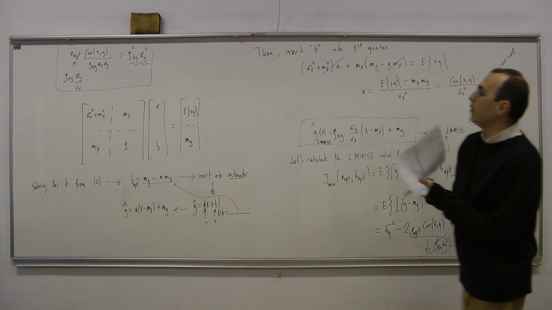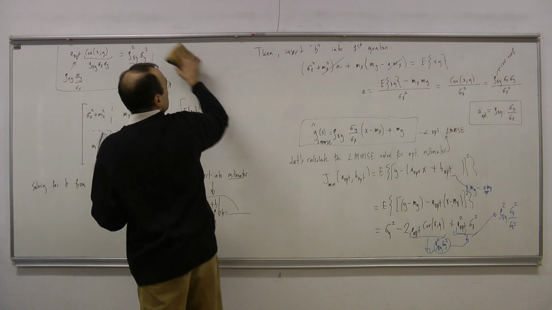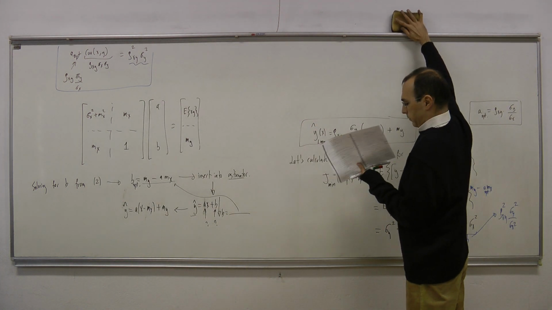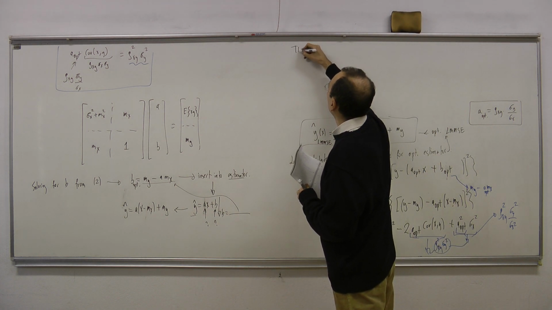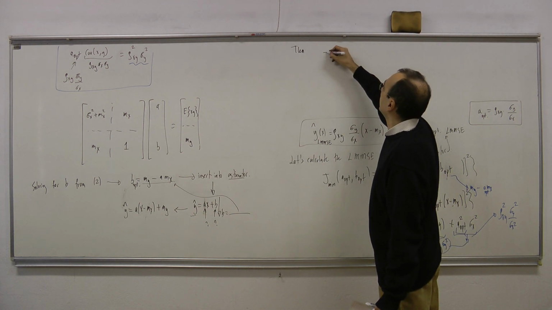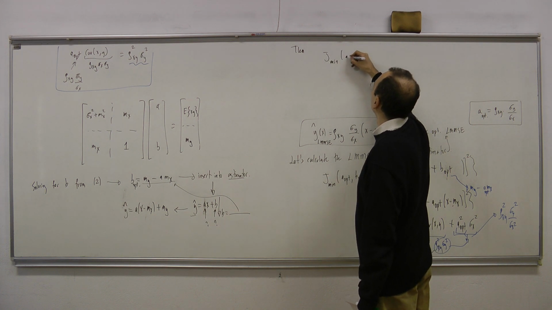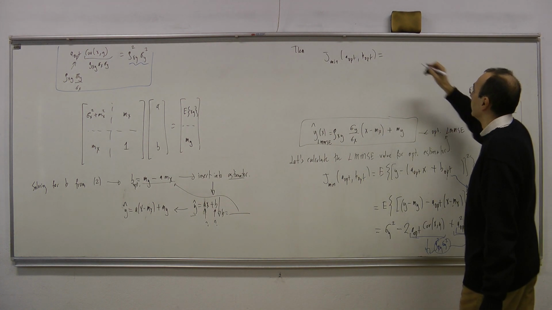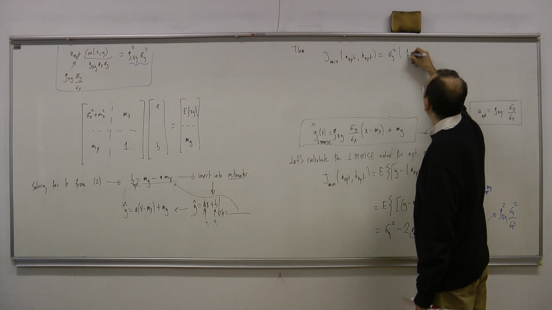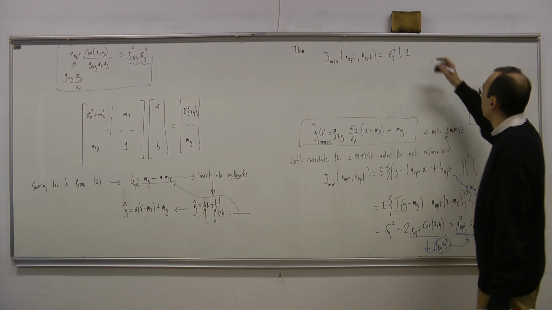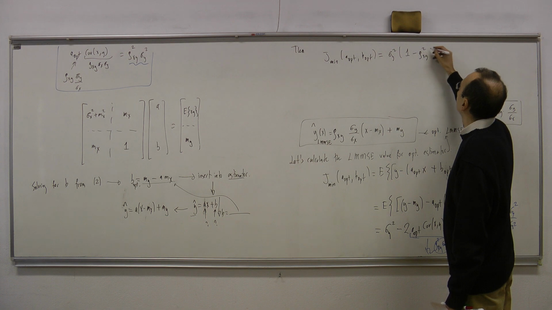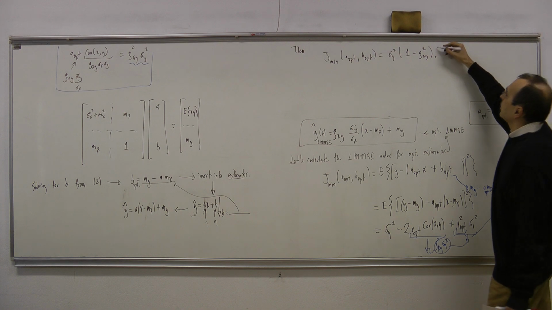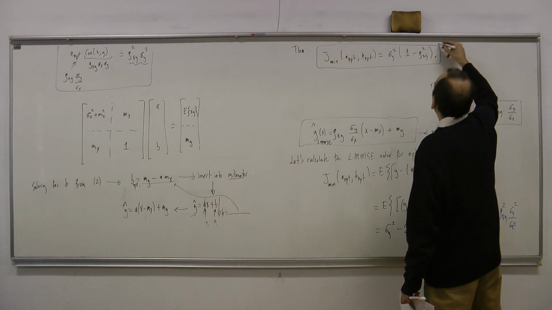So then I have the final result: J minimum for the A_OPT, B_OPT values is sigma_y square times 1 minus rho_xy square. Okay, that is it.